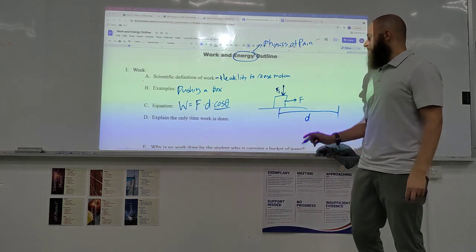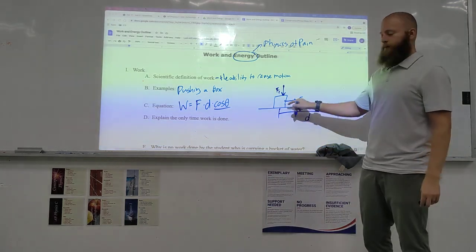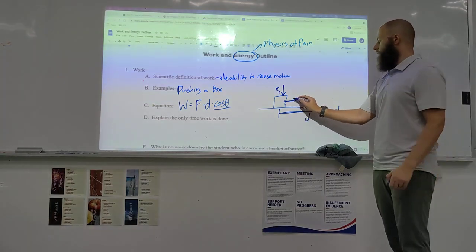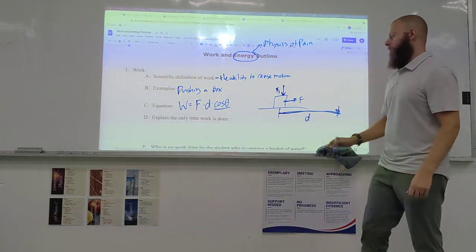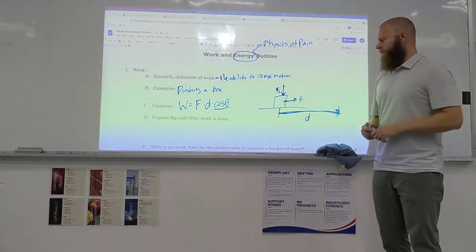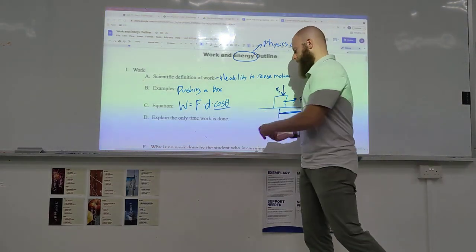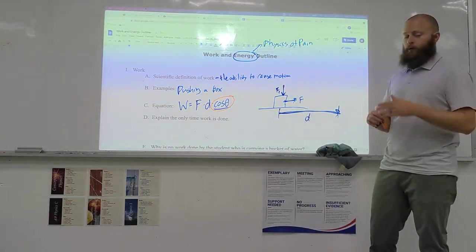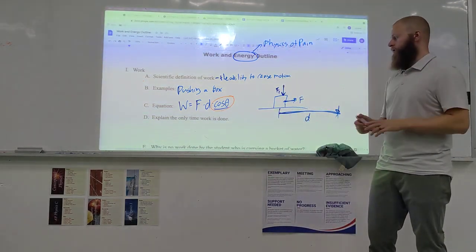If the angle is the same, so in this example, my distance is to the right, and the force is also directly to the right, well, cosine of 0 is just 1. Oftentimes, you don't really need to worry about the cosine theta. If they're both in the same direction, you don't need to worry about it.